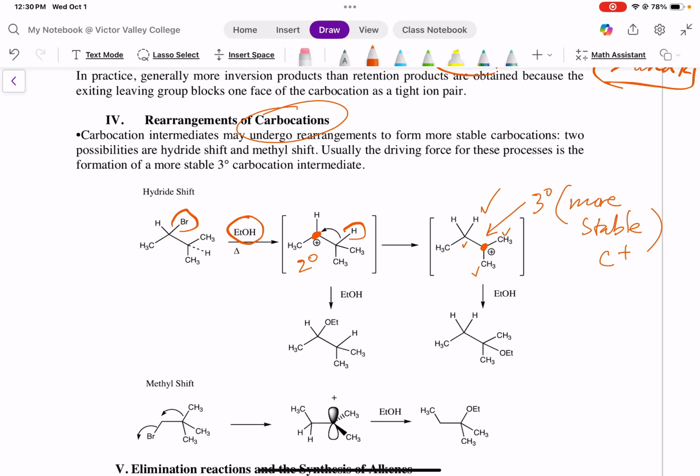So you got a secondary, which is decent, react with the weak nucleophile, which is the solvent, ethanol, and then eliminate the hydrogen. So you got a product that's tertiary, and you got a product that's secondary. Secondary is not bad, it's decent, but tertiary is better. So that's going to be the major product.